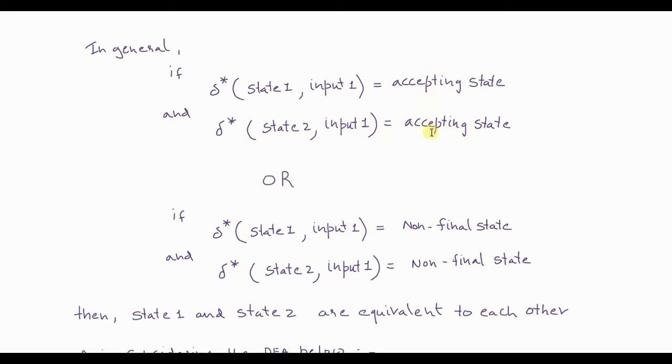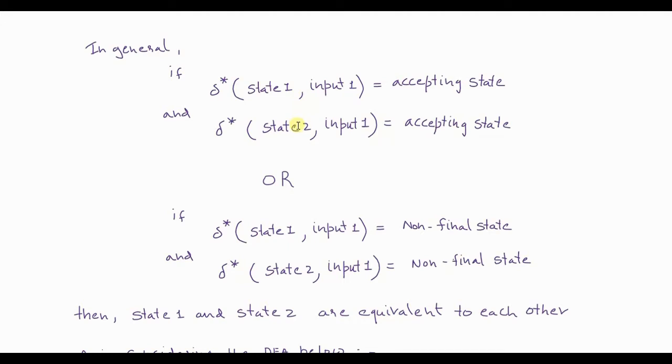In a DFA there might be more than one final state. So let's say these two are different final states. Since both of them are final states, we can say that state 1 and state 2 are equivalent.